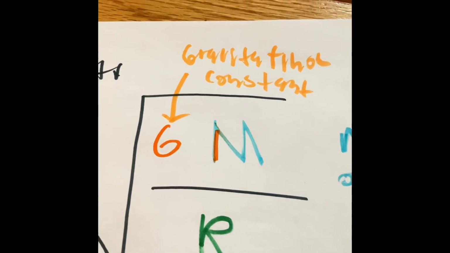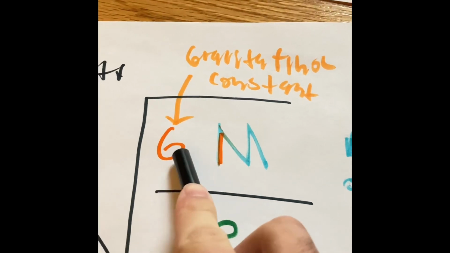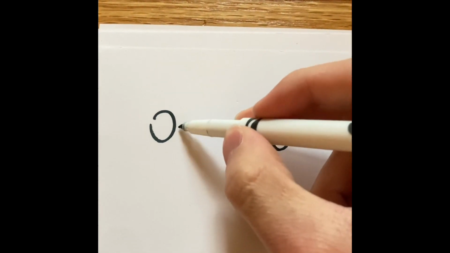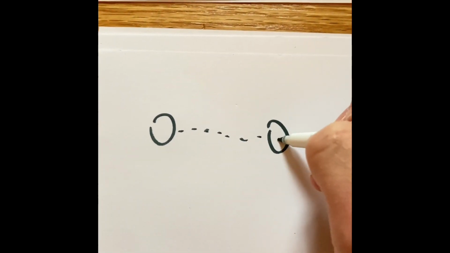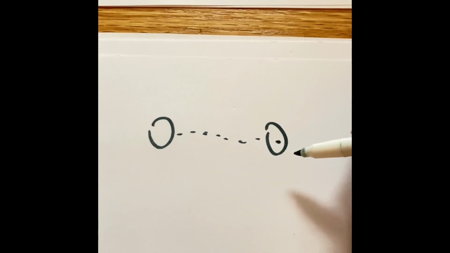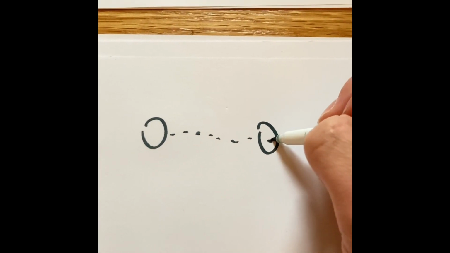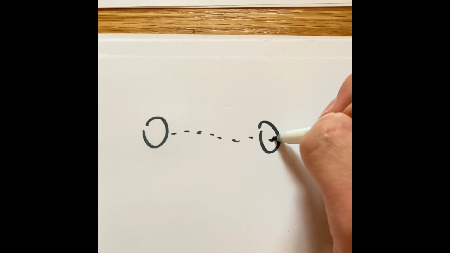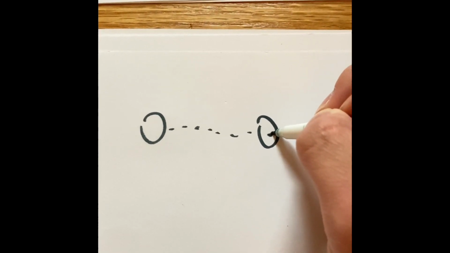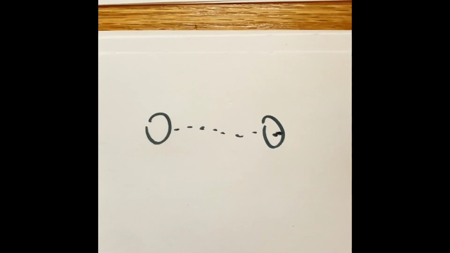The gravitational constant is represented by the letter G, and it relates the distance between two planets and the masses of the two planets. This was discovered by Isaac Newton, but there's another formula that he uses, and that we use, that helps us understand what gravity is.